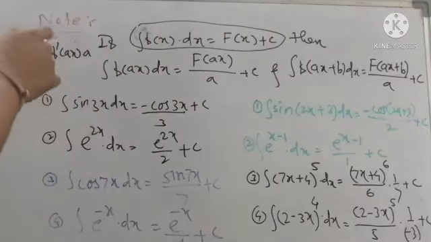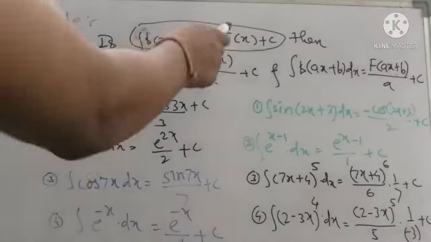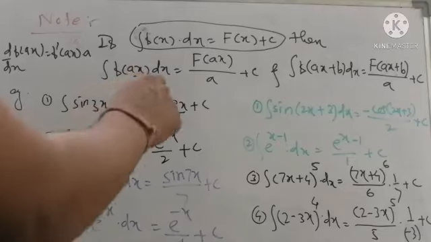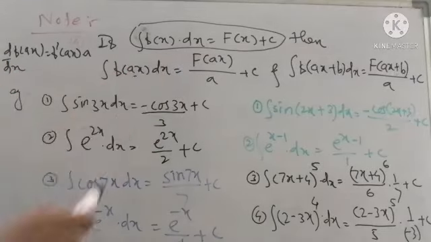Always remember, derivative is represented by f dash and integration by capital F of x. Now, the coefficient of x is a, then the integration of f of ax is capital F of ax divided by a, as the formula of integration does not change, but it is divided by the coefficient of x.